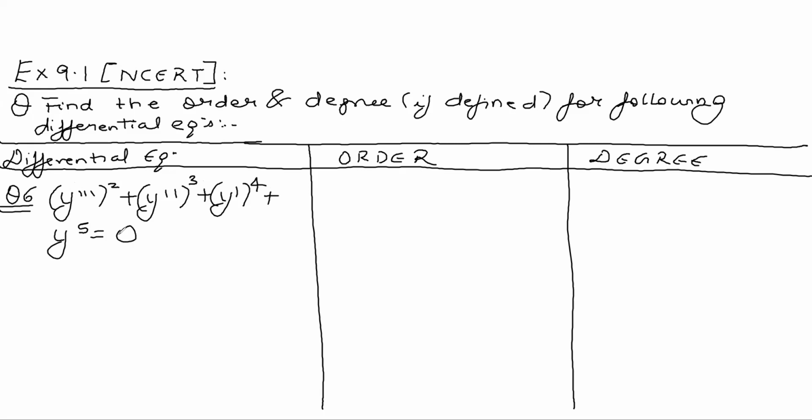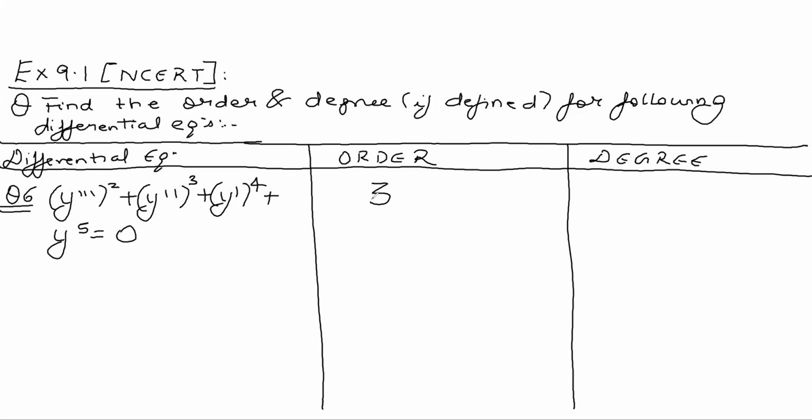So you can clearly see it's a differential equation. Now guys, what will the order of this differential equation be? What is the highest order derivative? Y triple dash. What is the order of that? 3. So the order of the differential equation is 3.